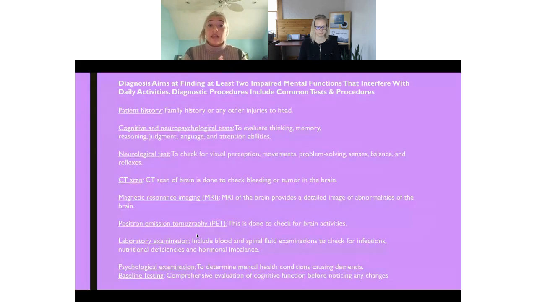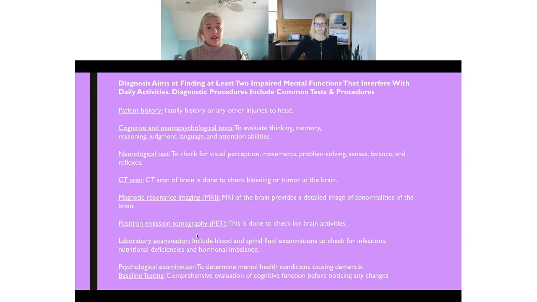Cognitive and neuropsychological tests. So these evaluate thinking, memory, reasoning, judgment, language, and attention abilities. Focusing, wanting to monitor, are they in a daze? Are they confused? Neurological tests. So these check for visual perception, sight, movement, problem solving, senses, balance, reflexes, coordination, all of that.